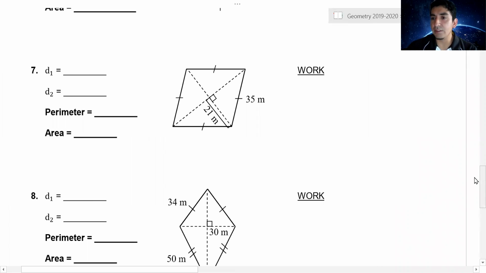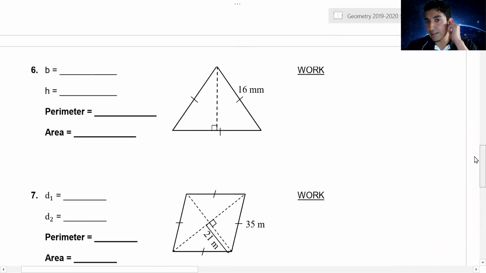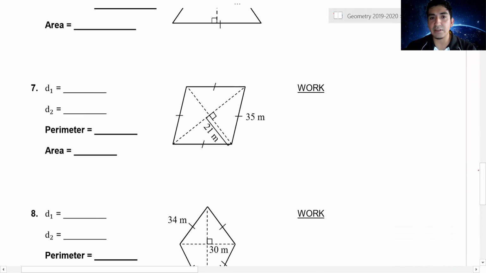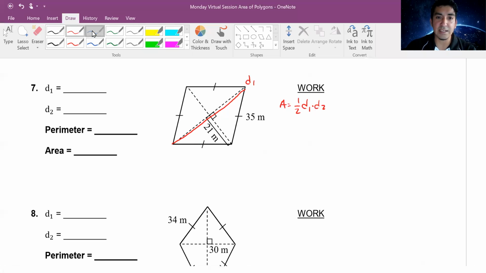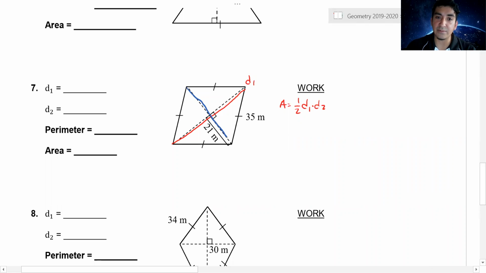Okay. So initially, if we have a rhombus that we're trying to look for, we're going to use the formula area equals 1/2 d1 times d2. Now, d1 and d2 just represent a diagonal that goes from corner to corner. So this could be d1, and then another one going the other way will be considered d2.